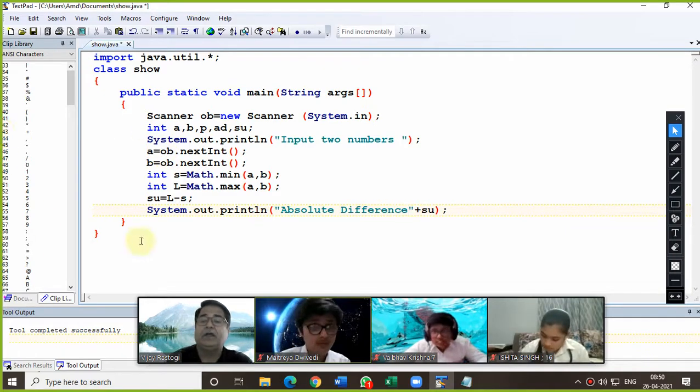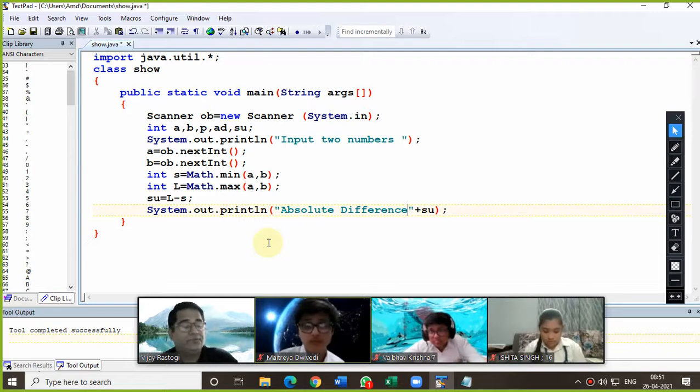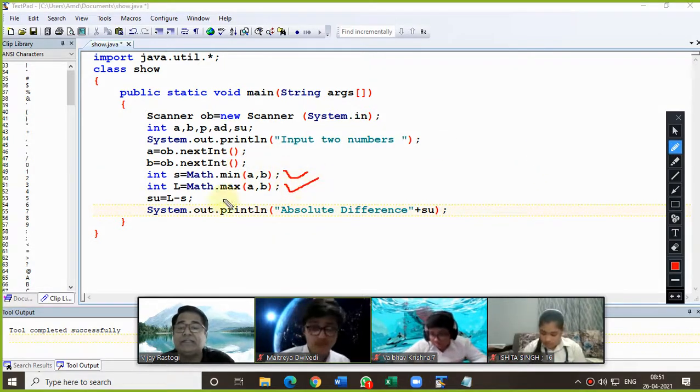Now see, on your screen I have shown you the solution of the previous question, in which we were inputting two numbers and printing the absolute difference. So for that we found the minimum and the largest, then largest minus the smallest, storing the result in SU and printing the result as SU. Those who have not done, they can copy it from here. Is that clear?